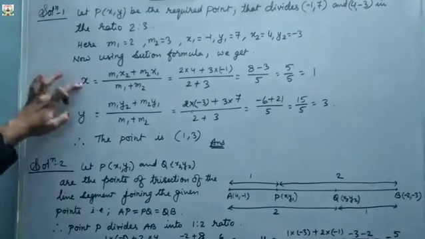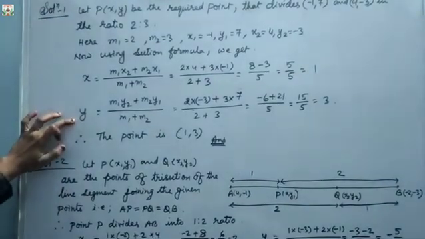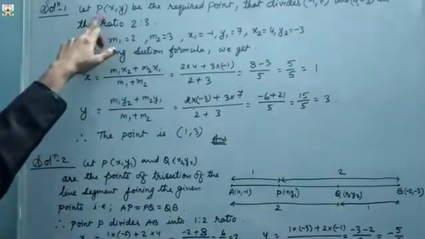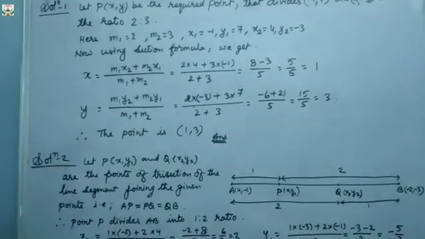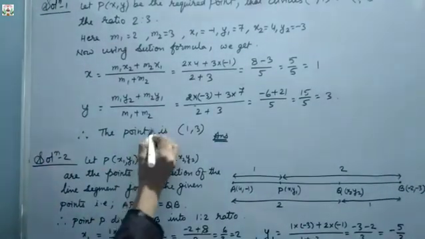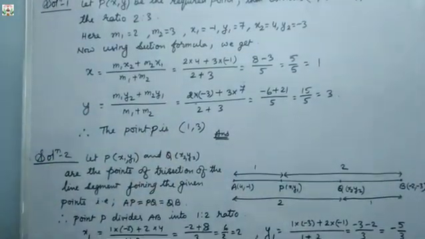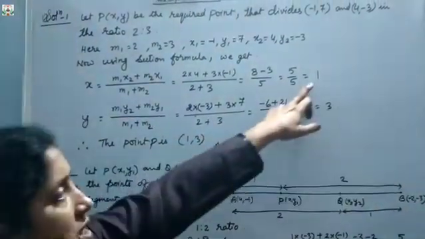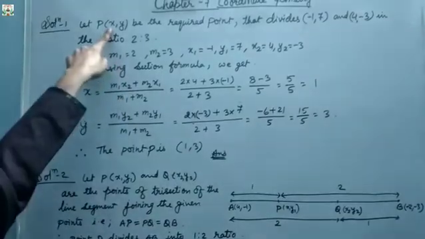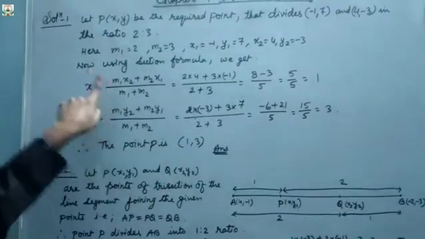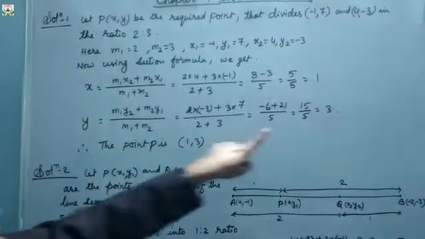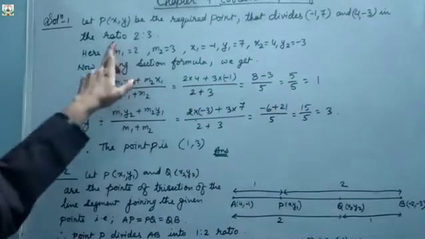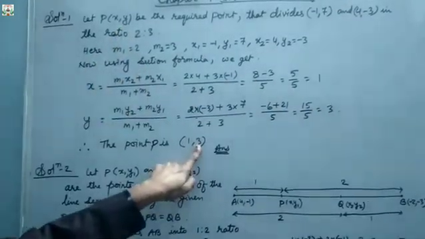So x and y are the coordinates of which point? Point P. Therefore, the point P has the coordinates (1, 3), because the value of x is 1, so in place of x we write 1, and the value of y you got is 3, so in place of y we write 3.